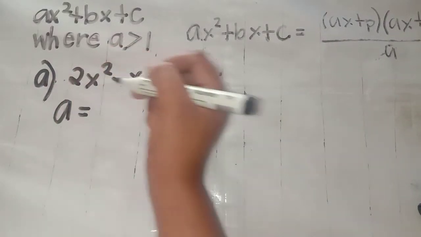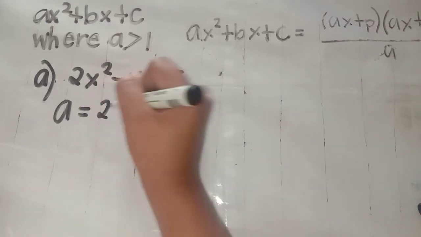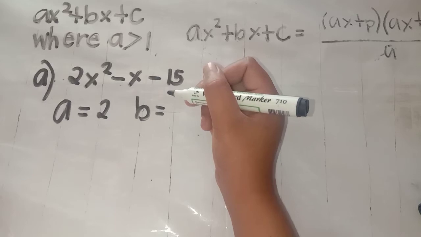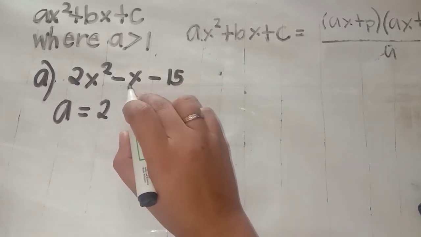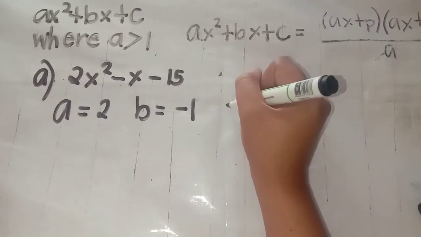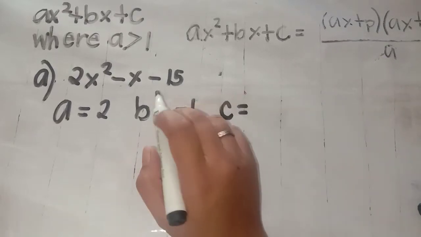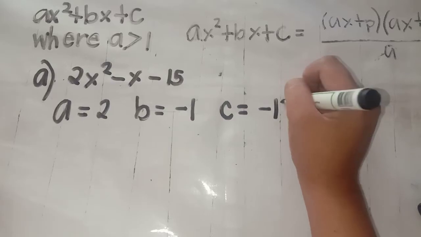A is always beside x squared, so our a is 2. B is always the numerical coefficient of x, so our b is negative 1. Don't forget the sign. Next is c, the constant, so the value of c is negative 15.